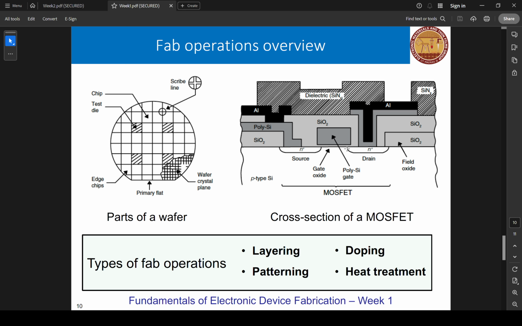Not exactly N type, but it changes the bands. It reduces the band such that you can have conduction from here to here. That is what we call on state. And right now you can see you can't have conduction from here to here. So this is called off state, where the resistance is very high, and in on state the resistance is very low. That is how a transistor works.